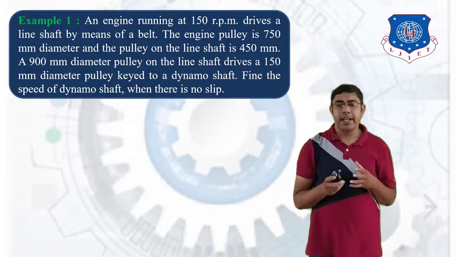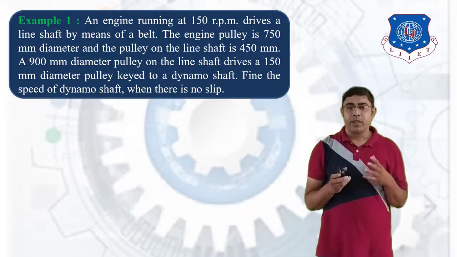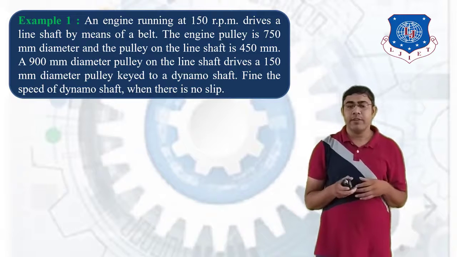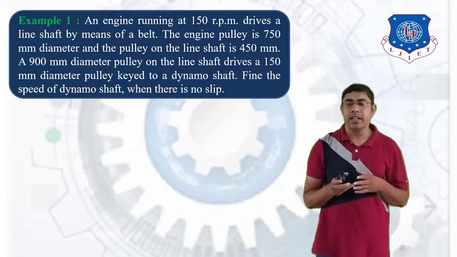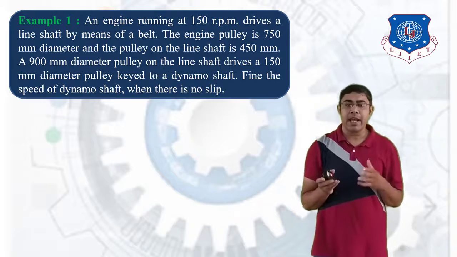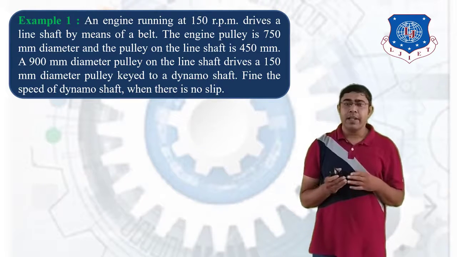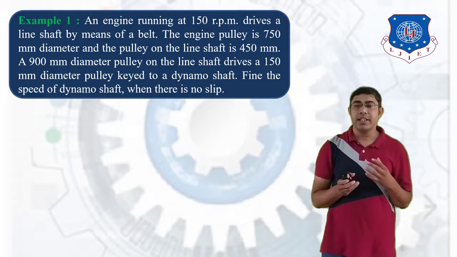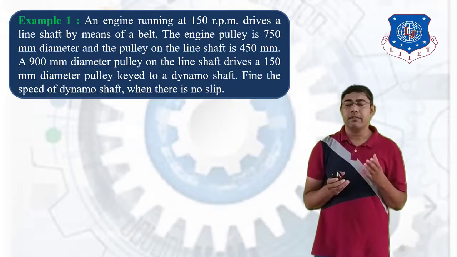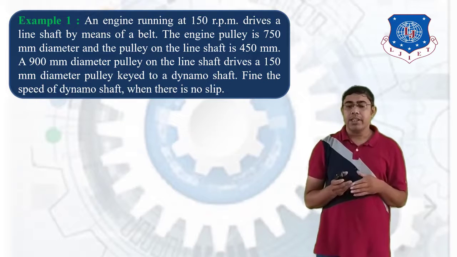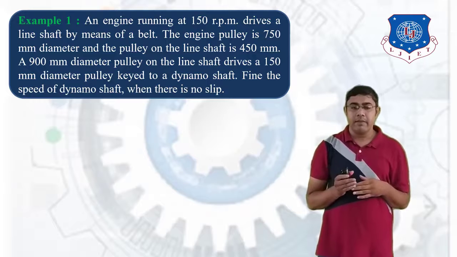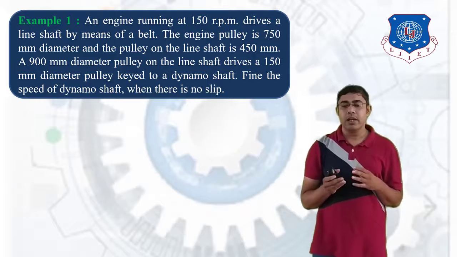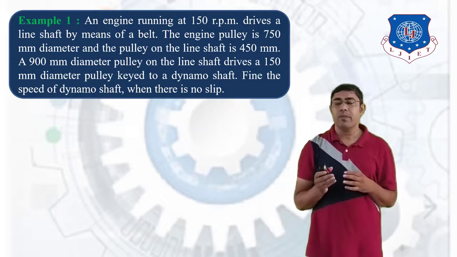Now consider an example based on velocity ratios. Example 1: an engine running at 150 rpm drives a line shaft by means of a belt. So here the engine pulley is running at 150 rpm. The engine pulley is 750 mm in diameter and the pulley on the line shaft is 450 mm.